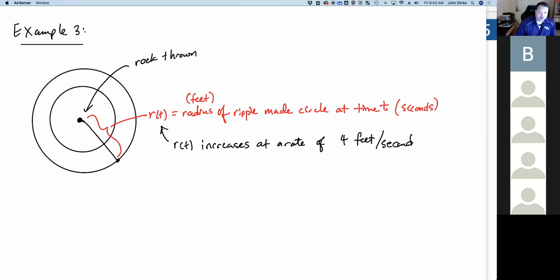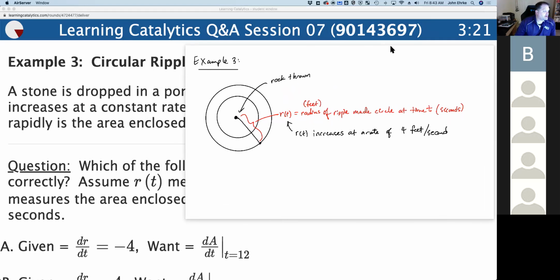Based on the information given, I want you to tell me the rate that you want and the rate that is given. And we'll let A of t be the area enclosed by the outermost ripple. A of t is this area in here.